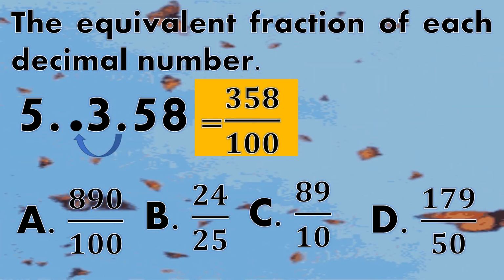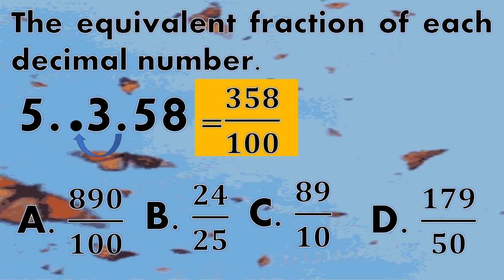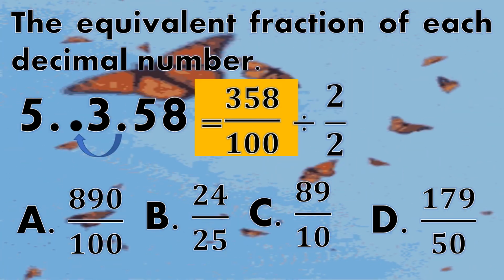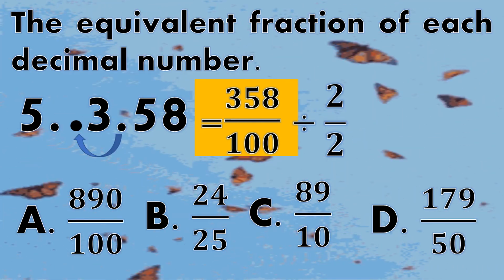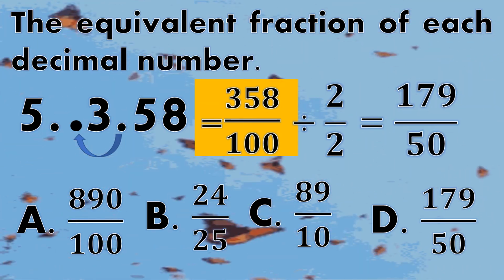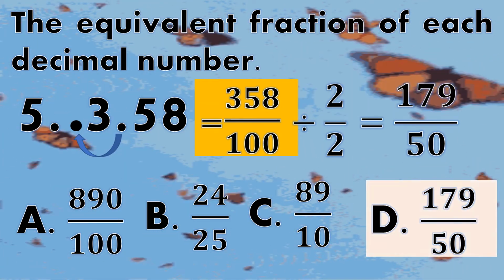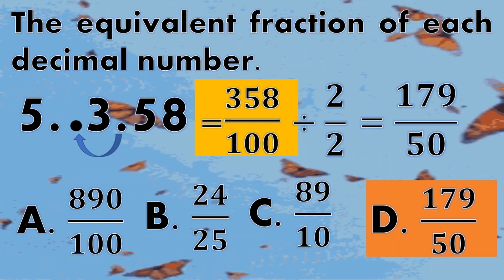Because the last place value of the decimal is the hundredths place. Okay. So let us simplify by dividing by 2. Why 2? That is the GCF of the two numbers. Okay. So in simplification, we have 179 over 50. So the final answer is 179 over 50.